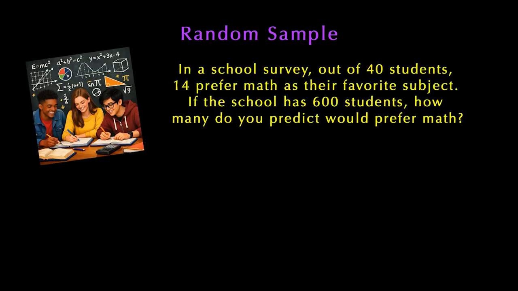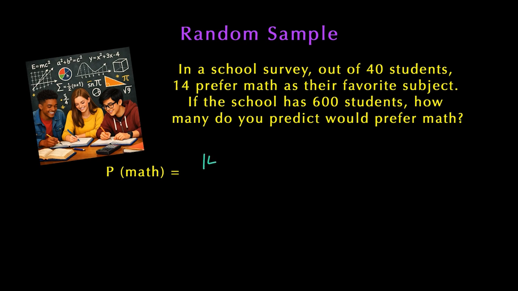So what happens is we take information from a small sample. So here in a school survey, out of 40 students, 14 prefer math as their favorite subject. If the school has 600 students, how many do you predict would prefer math? So I'm first going to set up my fraction using my formula.